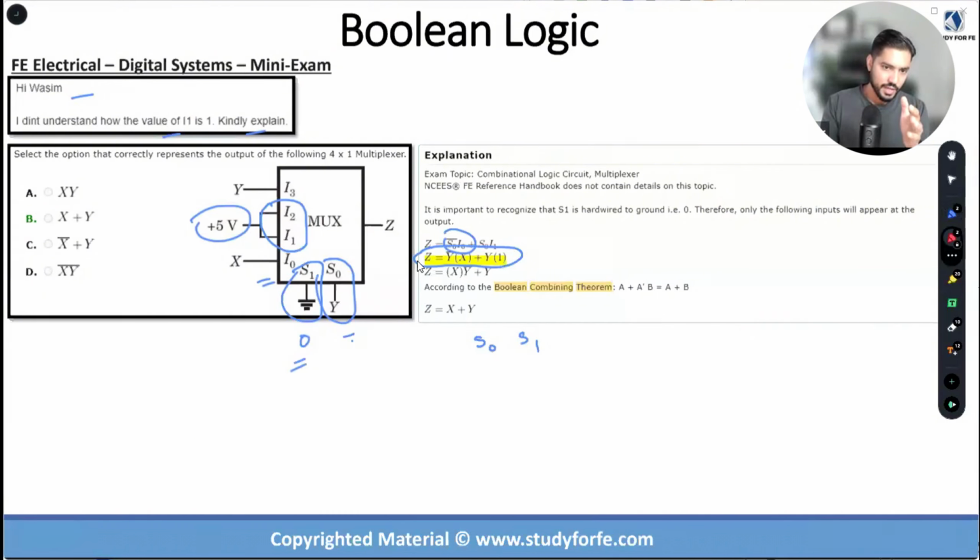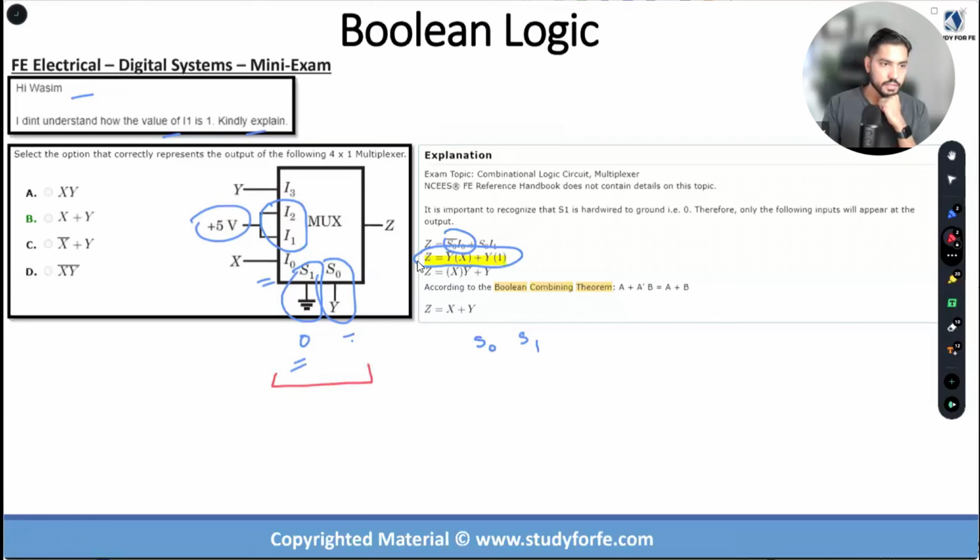Which one is the MSB, S0 or S1? And which one is the LSB? Because all of these things are important, right? Which one is the MSB and which one is the LSB? Anyone? We discussed that, right? The most significant bit from the standpoint of input and the least significant bit.